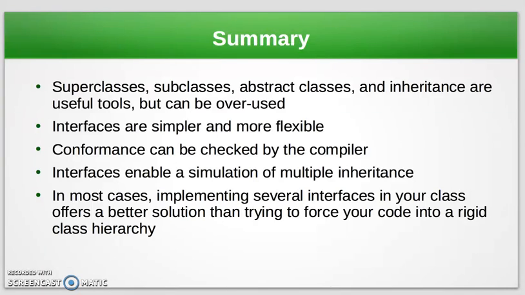Use interfaces to specify conformance. So you're not specifying an implementation, you're specifying a contract for that implementation. And because interfaces tend to be smaller and more focused, you don't end up implementing a load of methods that you don't need.